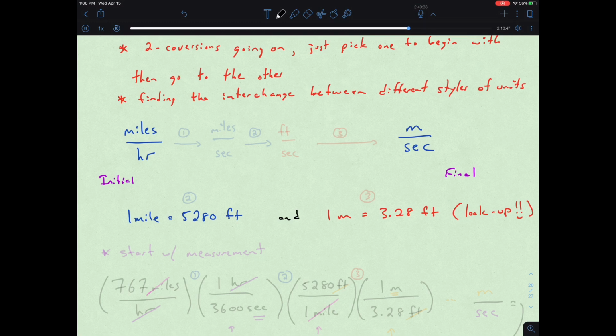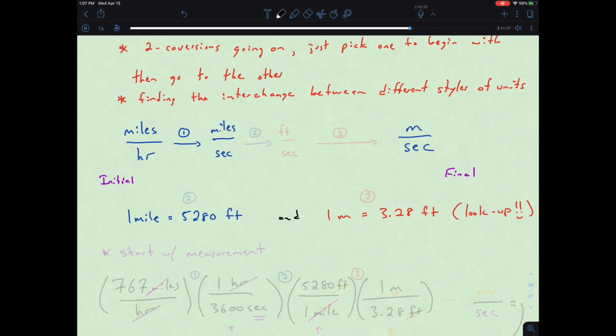So if we know that type of interplay, the bottom isn't the hardest, right? We probably could go in step 1 to miles per second, because we know how many minutes are in an hour, how many seconds there are in a minute.